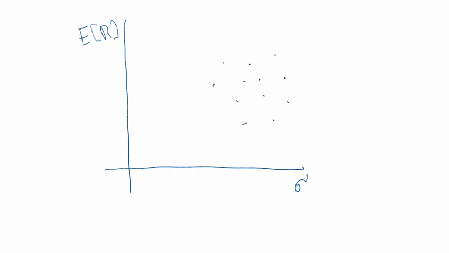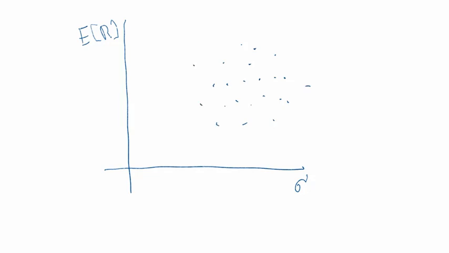So let's think about the mean standard deviation diagram. Here we have the mean, and here we have sigma for the standard deviation. So here's what Markowitz showed. If you take a whole bunch of risky assets, so each of these dots represent a risky asset.